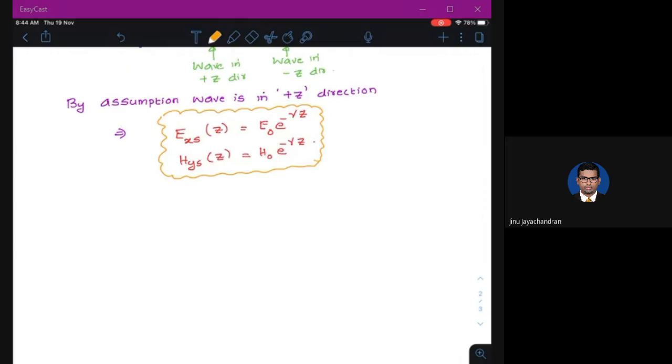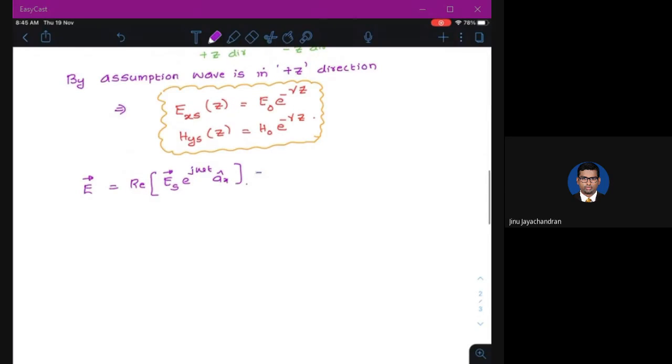Okay. Now let's analyze this solution. The solution is in phasor form. So if you write this in terms of the actual E, this is equal to the real part of Es e raised to j omega t x cap. We know that Es has only one component, which is Exs(Z) e raised to j omega t.